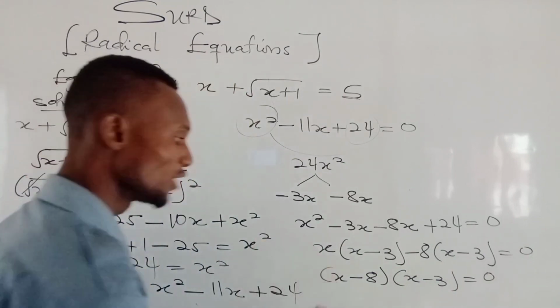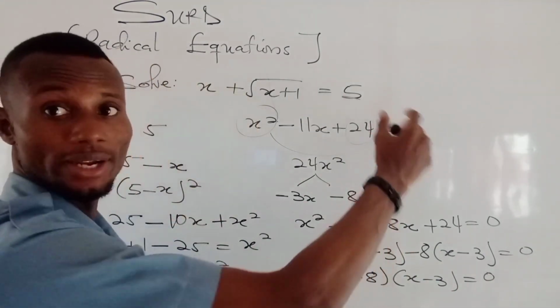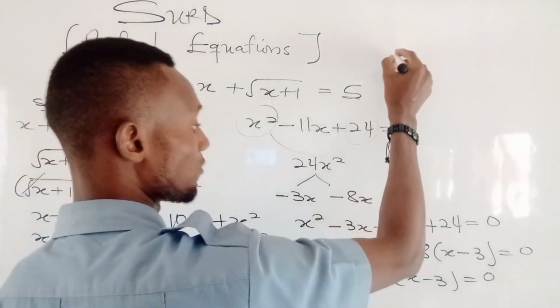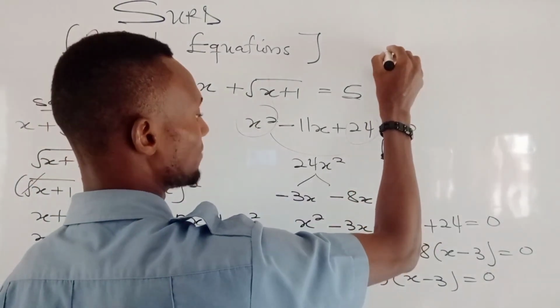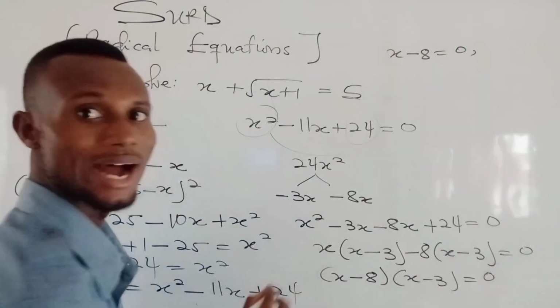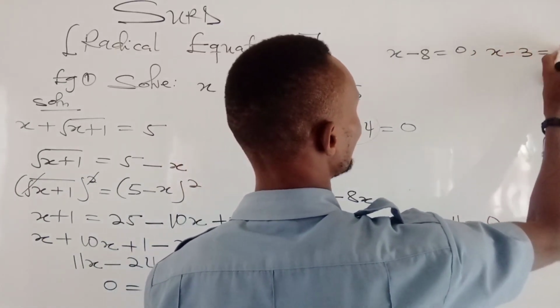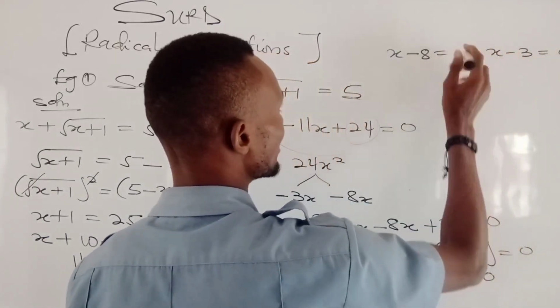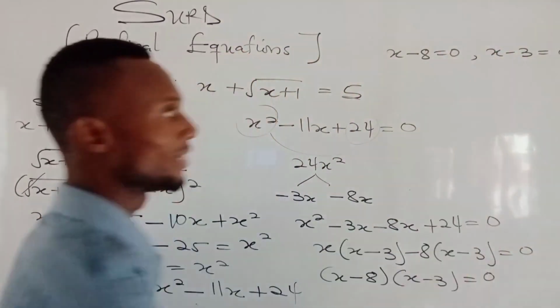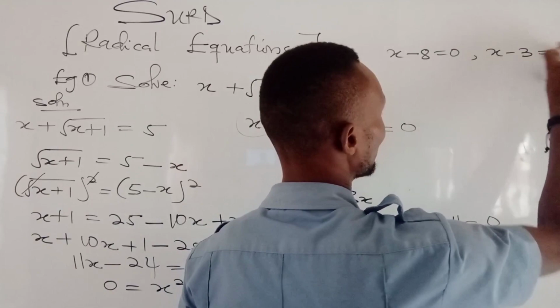Okay, let me continue from here. I hope you can see from here. So we are going to have our s minus 8 equals 0, comma. Then we are going to have our s minus 3 also equals 0. I hope you agree with me. So I said that we take each term in the bracket, equate to 0 and solve.